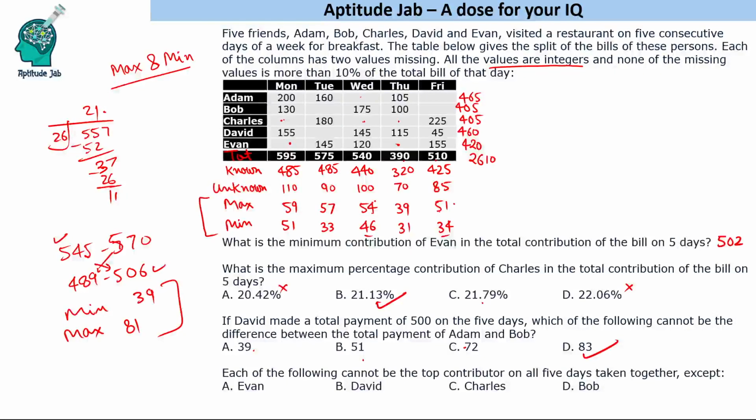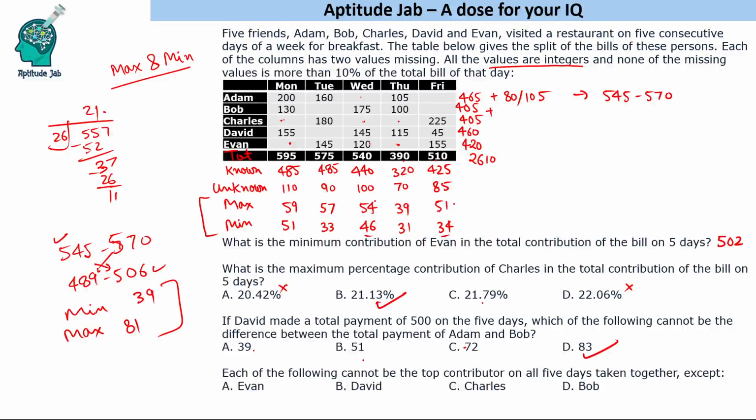Adam is not given, so he either can be or cannot be the top contributor. Let us see what can be his contribution. The minimum is 80 and the maximum can go up to 105. So his range is basically 545 to 570. That can be his contribution.